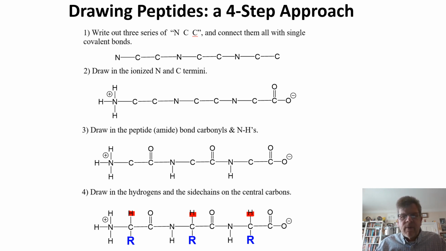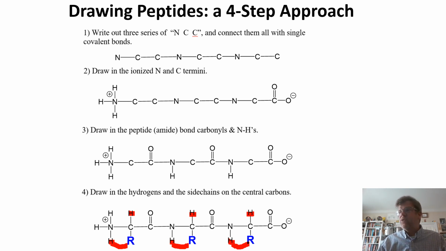Proline is the only one, remember, that connects that nitrogen with the R group. So in that case, our NH hydrogens would be lost, but that would be on a case-by-case basis.